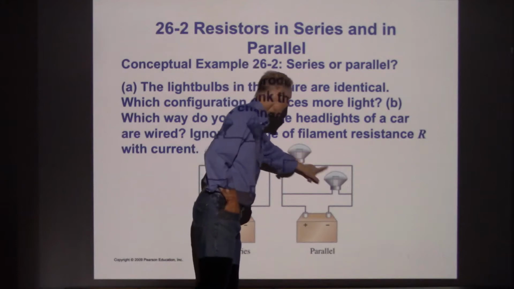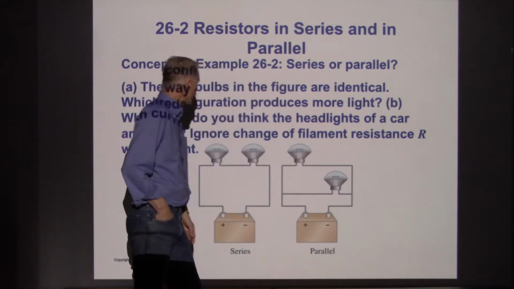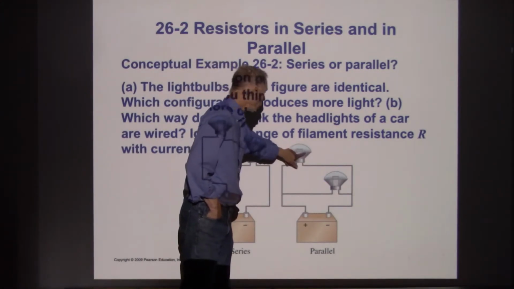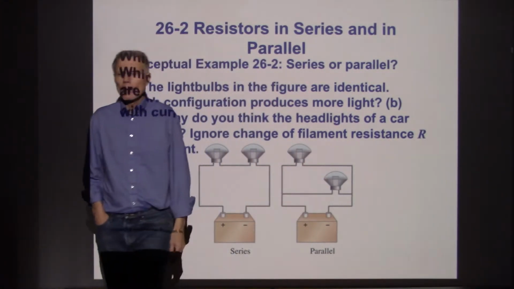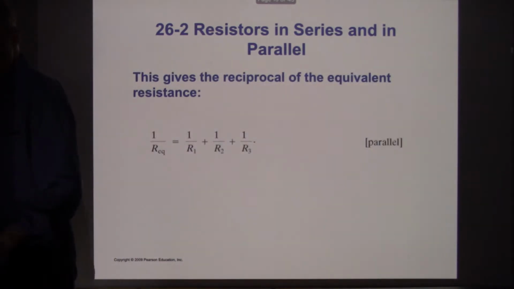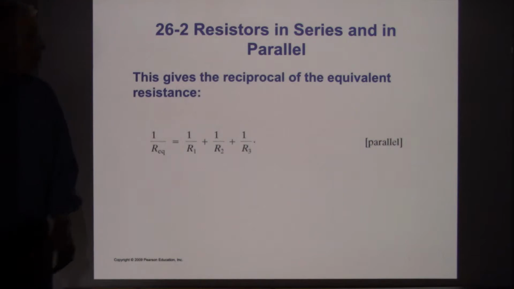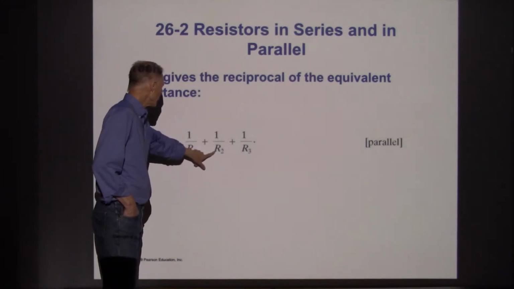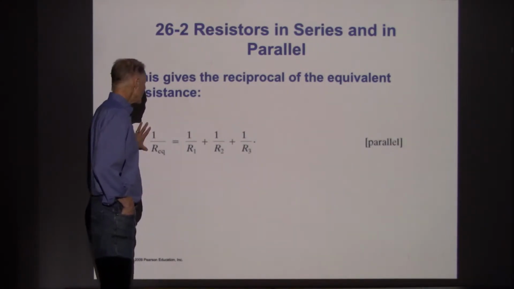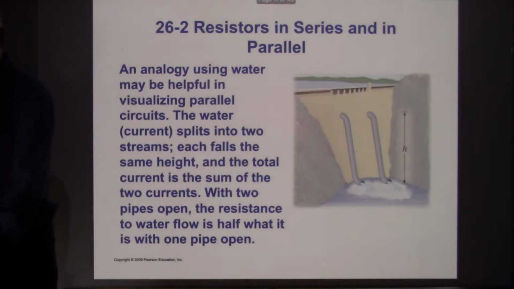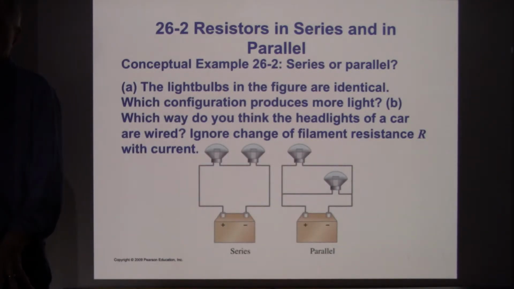What about in this case? Well, in this case, if this is 100 ohms and this is 100 ohms, the formulas that we just came up with for adding things in parallel would give 1 over 100 plus 1 over 100, which is 1 over 50. We actually reduce the overall resistance when we add things in parallel.